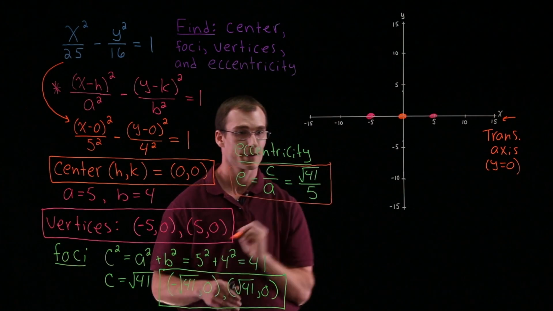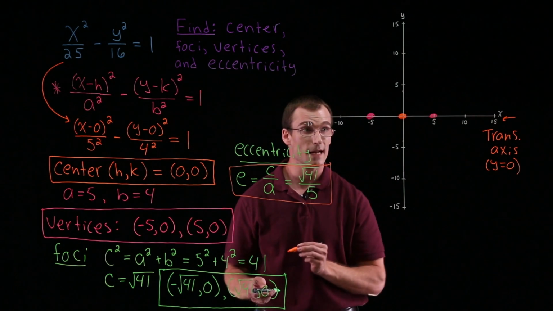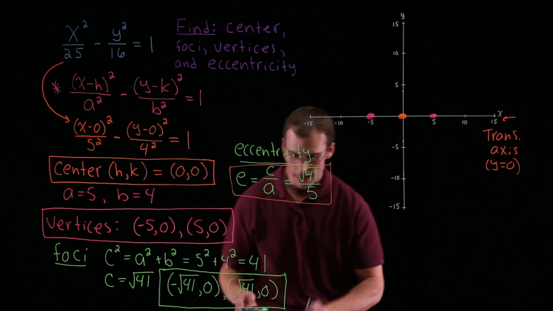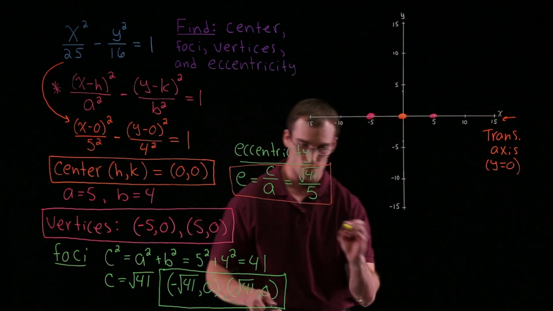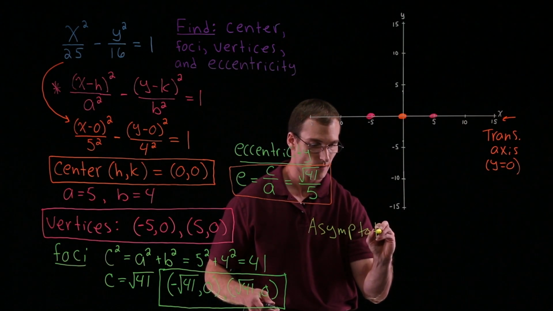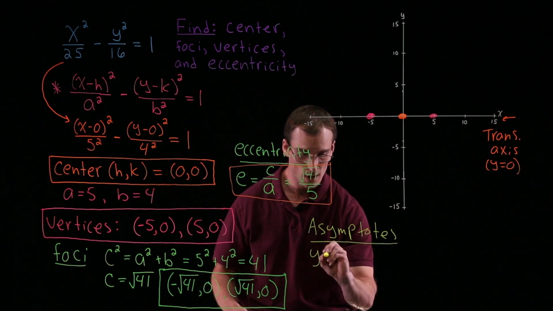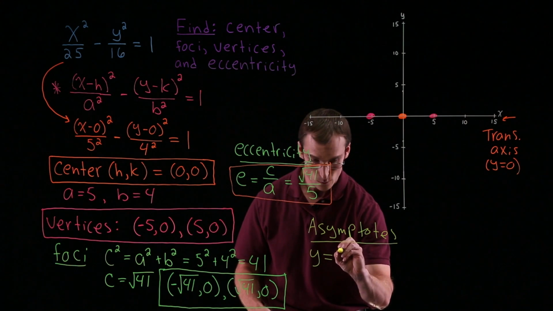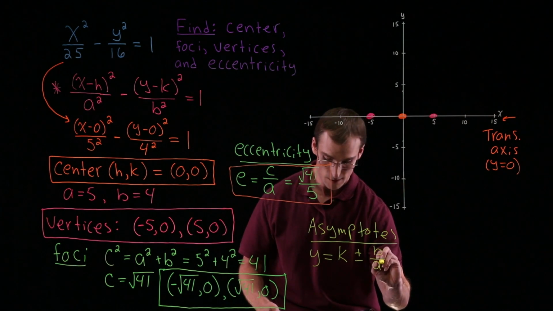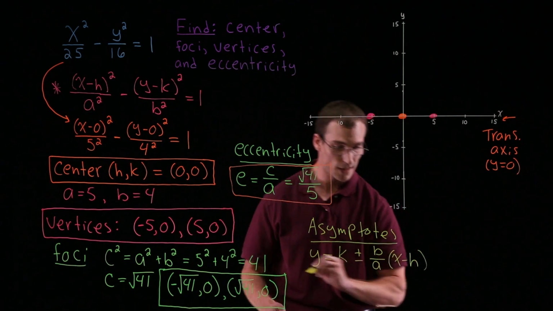So we have all the particulars that we need. Now we're going to try and sketch this. But first, we said we're going to find our asymptotes and use those as an aid. The asymptotes can be found by the lines y equals k plus or minus b over a times x minus h.